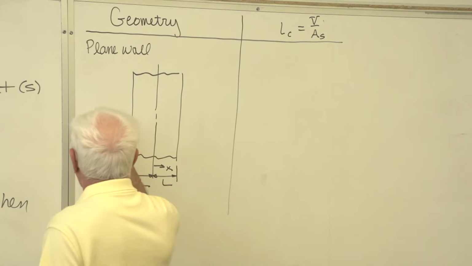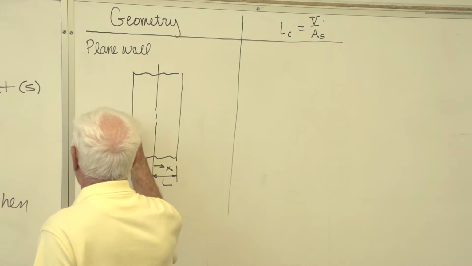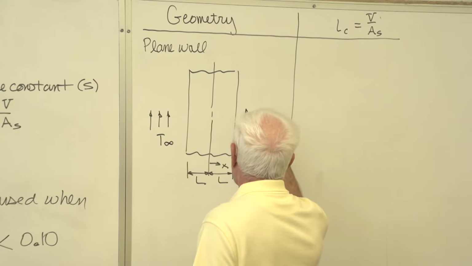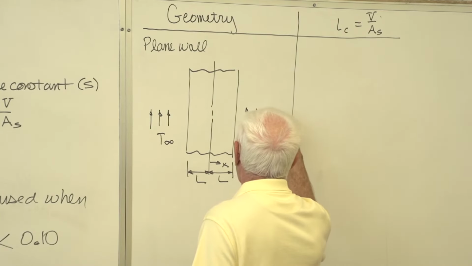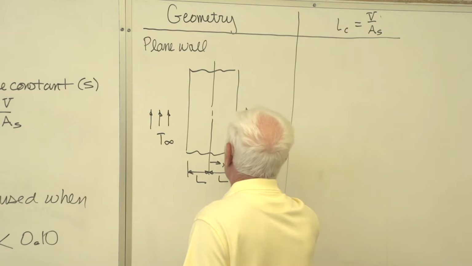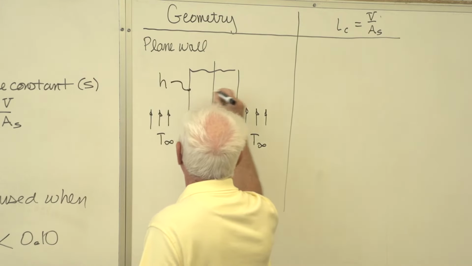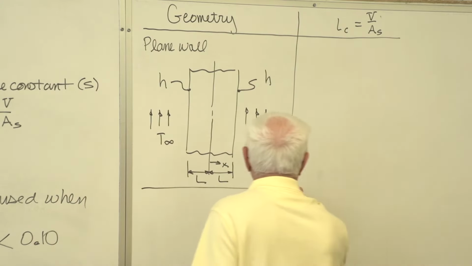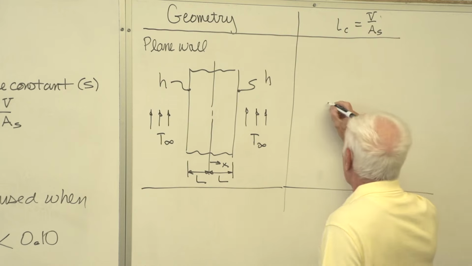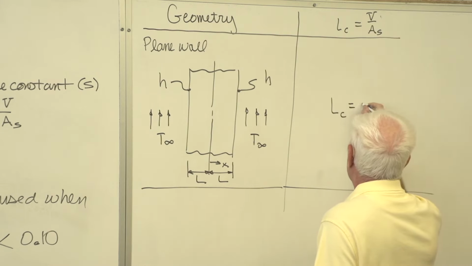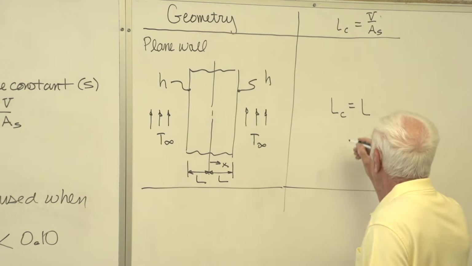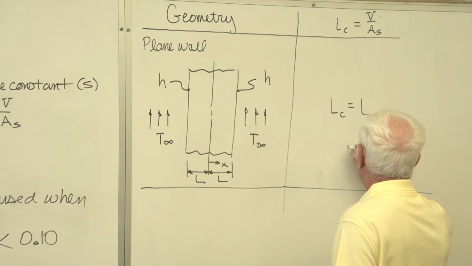On both sides of the wall, we have convection to a fluid at T infinity, with a convection coefficient of h. L sub c is equal to L. It's called the half thickness.